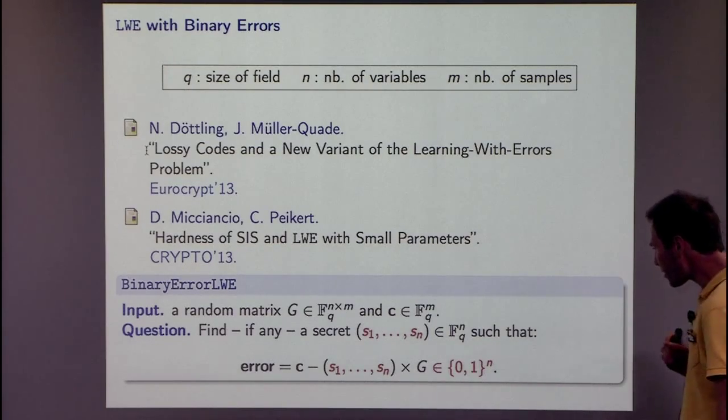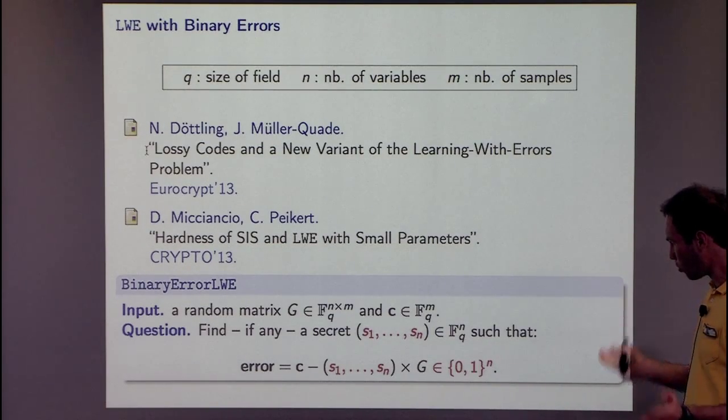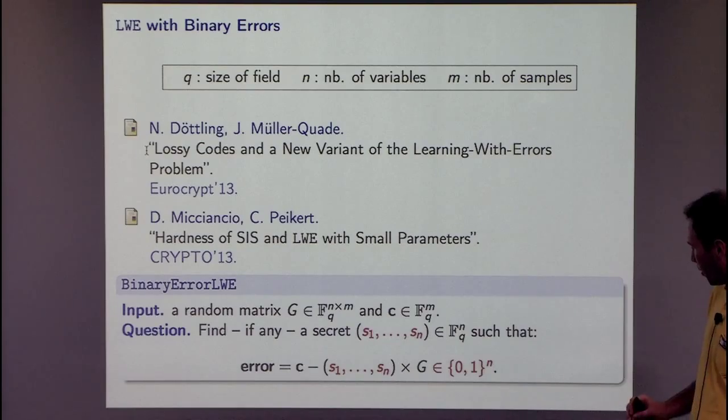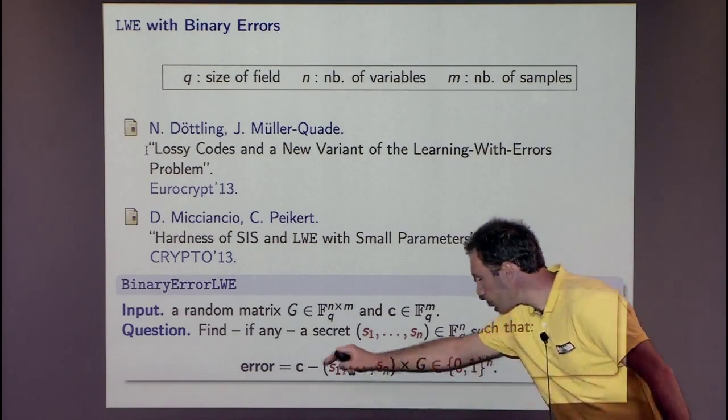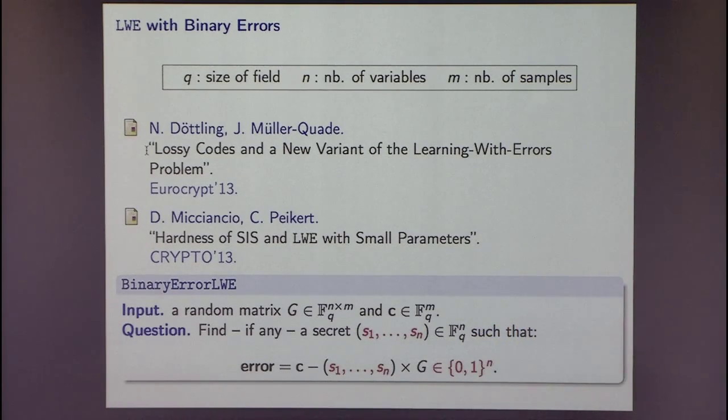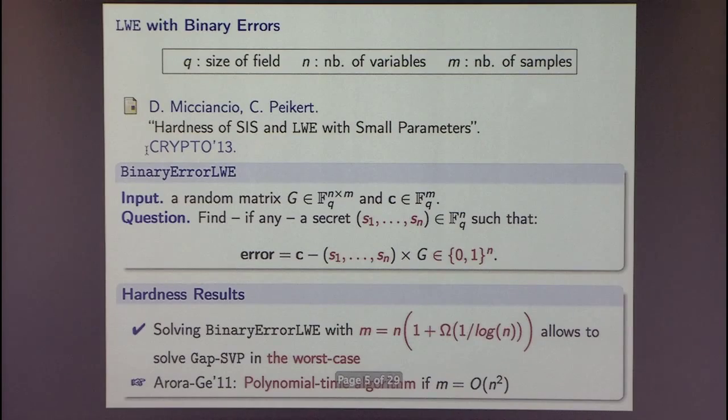In this context, it's the same decoding problem, but each component of the error is going to be 0 or 1. Like for LWE, you can prove the hardness of this variant.